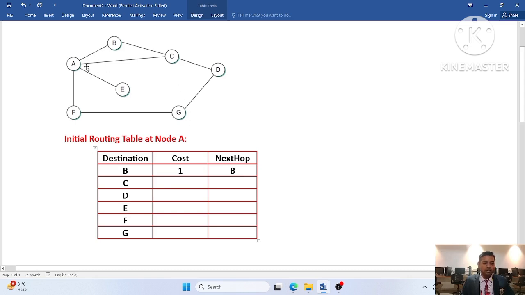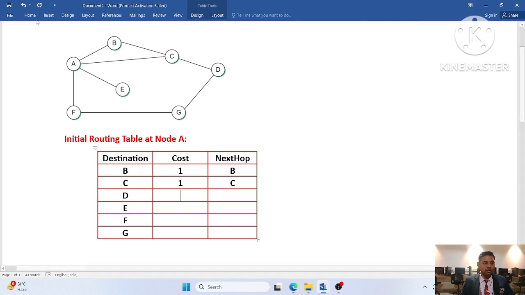Similarly, there is a direct link between A and C. The hop count is 1, the cost is 1, and the next router is C. In the case of D, there is no direct link between A and D, so I cannot determine the cost in the first run itself.